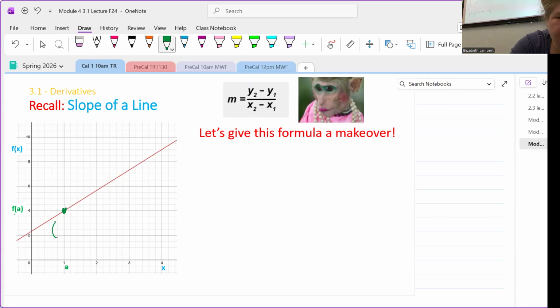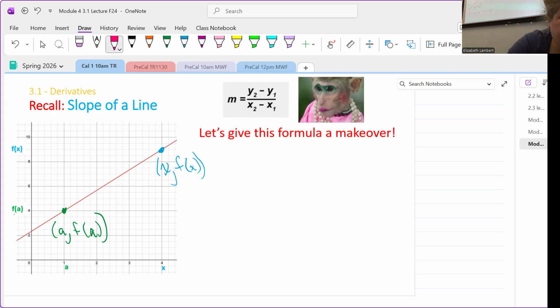So this ordered pair is a comma f of a, just a slightly different way of writing a point. And then over here, we're calling this one x, and then f of x. Now remember, a and x here are just placeholders for arbitrary numbers, so I could make those numbers whatever I want.